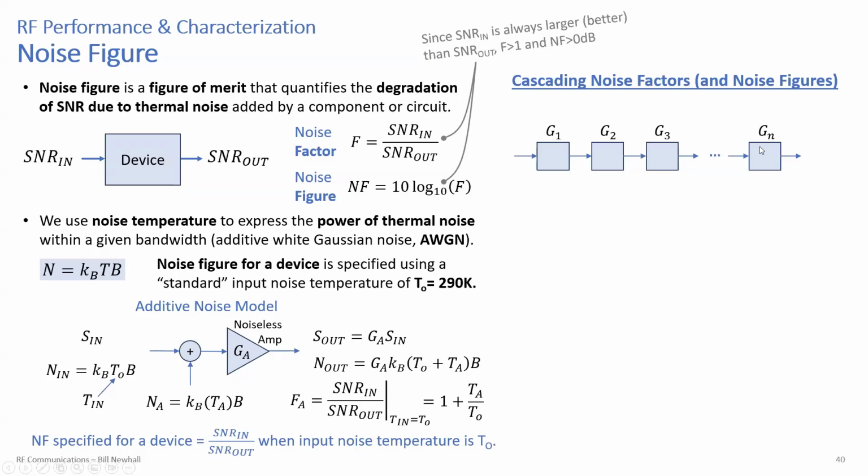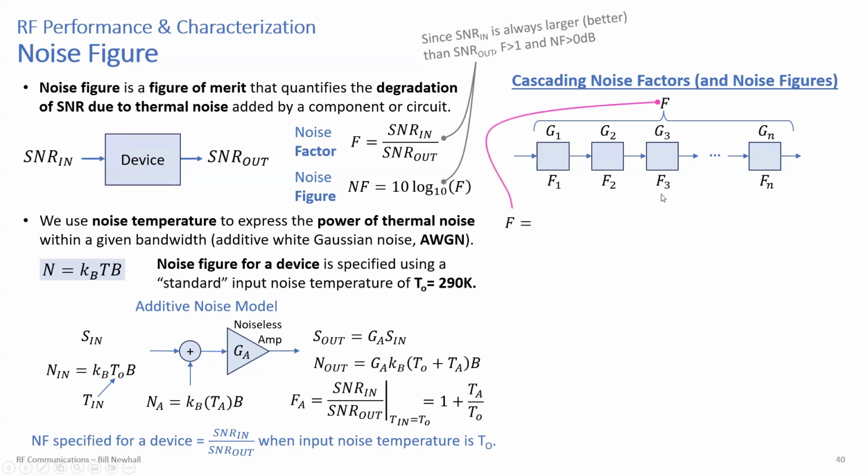So I have the separate gains listed here, and also each component has a noise figure. And oftentimes we want to take all of these components and combine them or cascade them into one noise figure or one noise factor. When I write F, that means noise factor. When I write NF, that means noise figure in dB. I often use those terms interchangeably, so I'll try to be more precise.